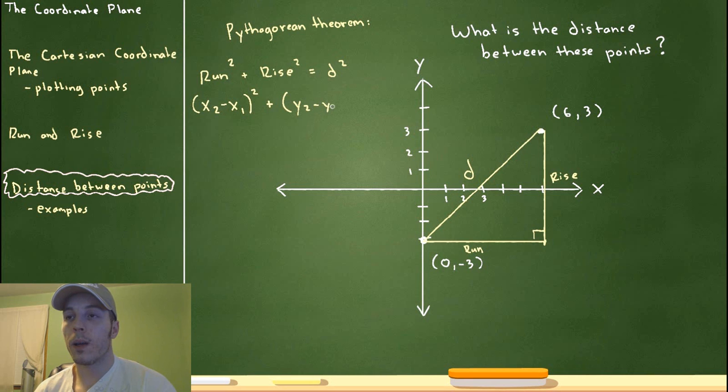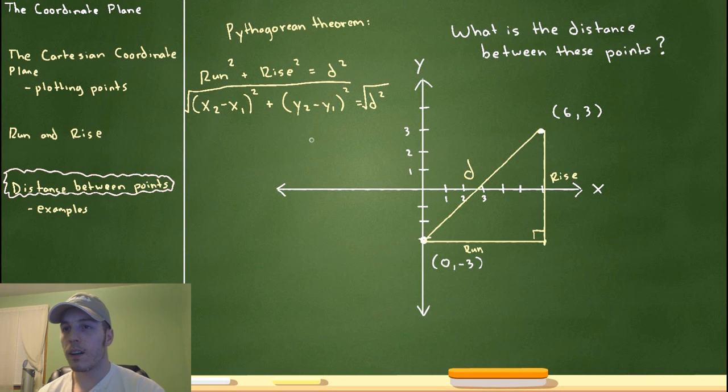So y2 minus y1 squared. And this is equal to d squared. And lastly, we don't want d squared, we want d. So we're going to take the square root of both sides, which will eliminate the square from the d.